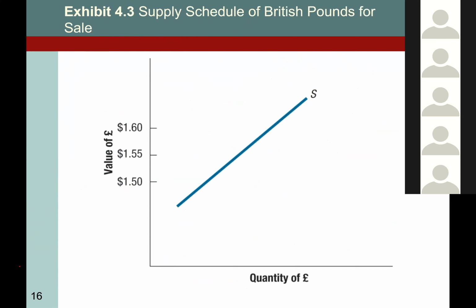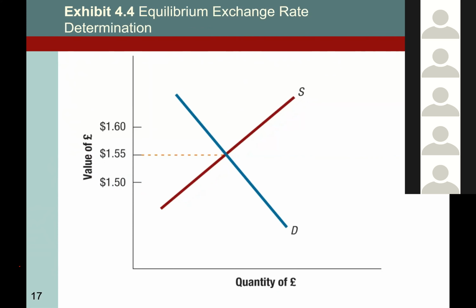Okay, the supply curve is upward sloping. So this is the price of pound. You see, when the price rises, quantity supplied also rises. This is the supply schedule, and the exchange rate here.